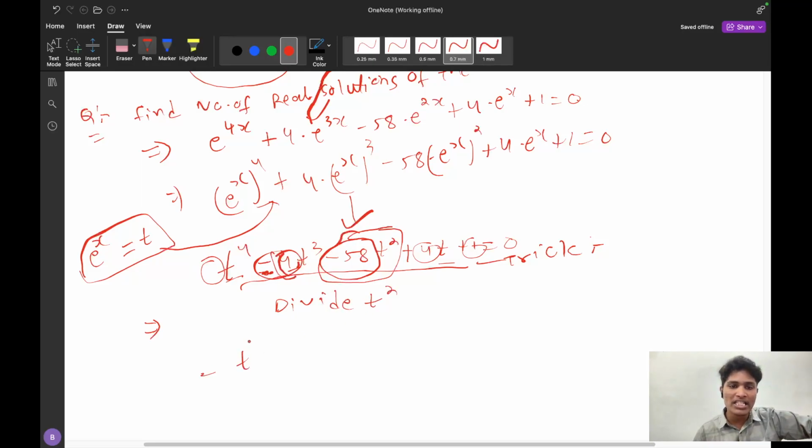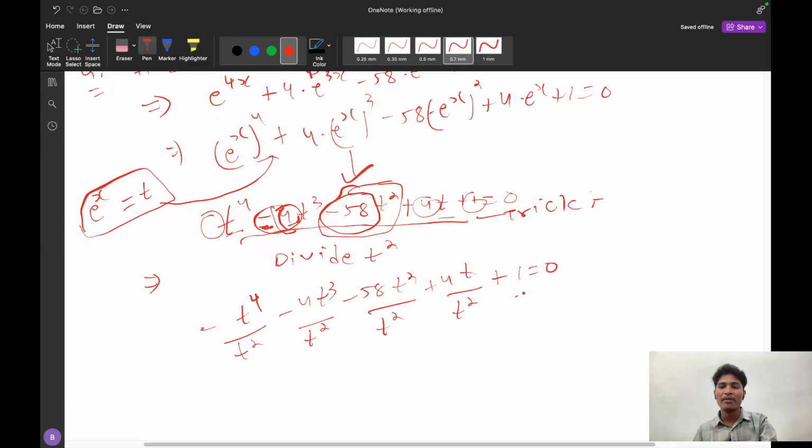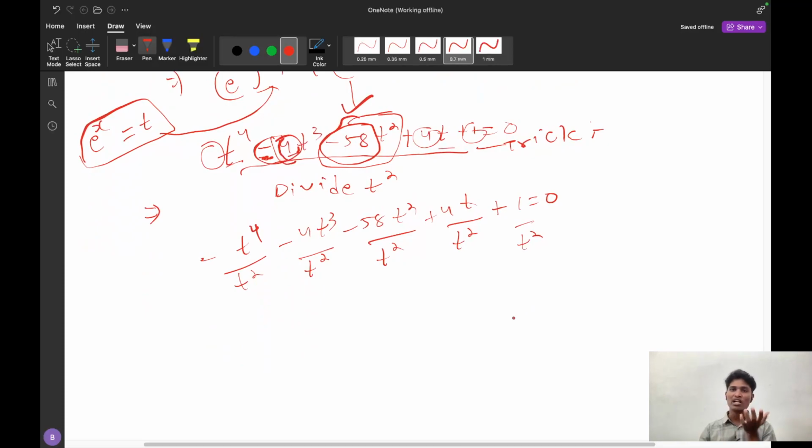What I will get: t power 4 divided by t square, plus 4t cube divided by t square, minus 58t square divided by t square, plus 4t divided by t square, plus 1 divided by t square is equal to 0, because the 1 also I have to divide. I am dividing both sides, not one side, because in mathematics, if you do the same thing on both sides, it is valid.